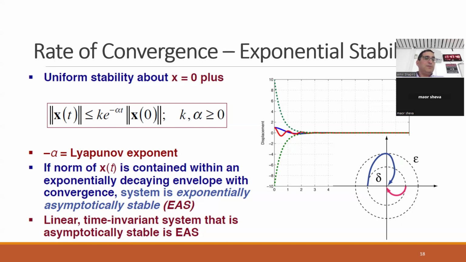So if we want to talk about the rate of convergence, and we want to say that it converges exponentially, as you can see here, this is like an exponent curve, and it converges underneath this exponent.